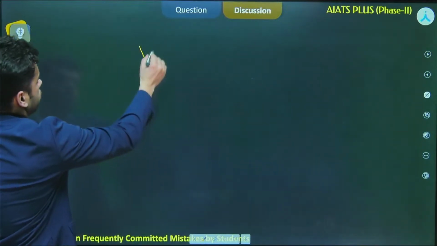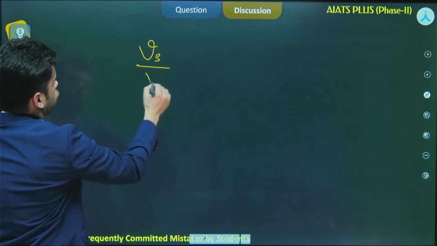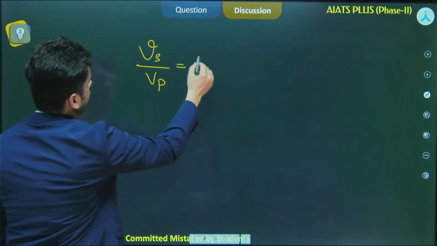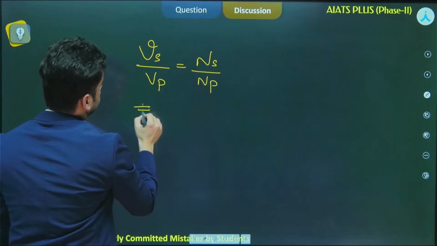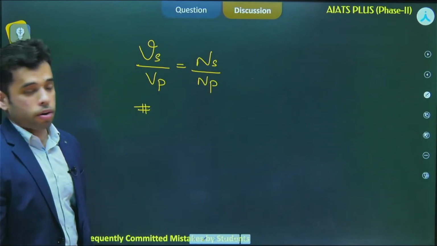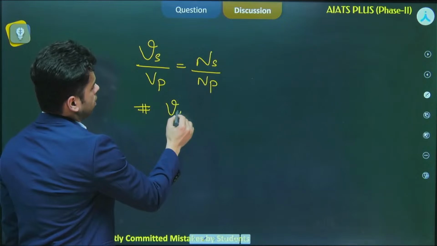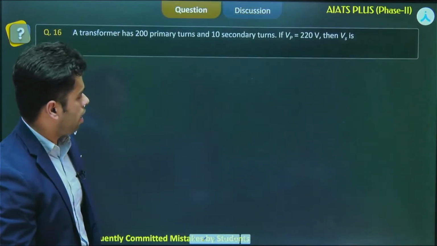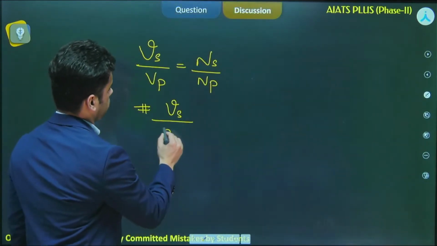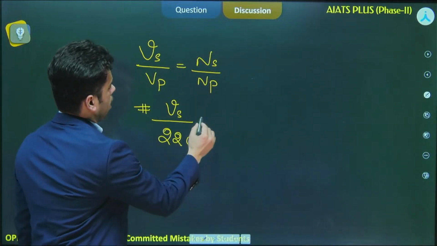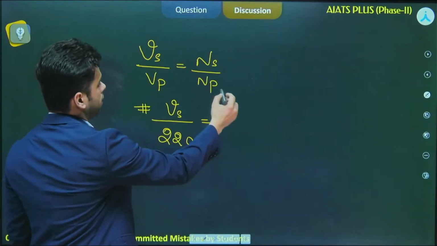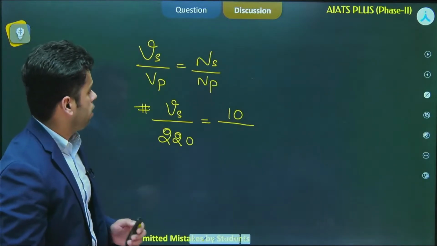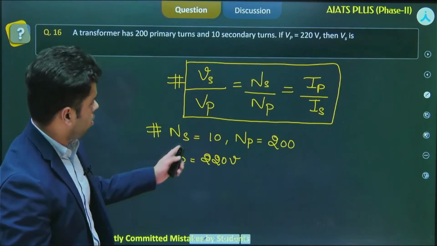So I'll use the relation Vs by Vp is equal to Ns by Np. In place of Vp, I'll write 220, in place of Ns, I'll write 10, and in place of Np, I'll write 200.